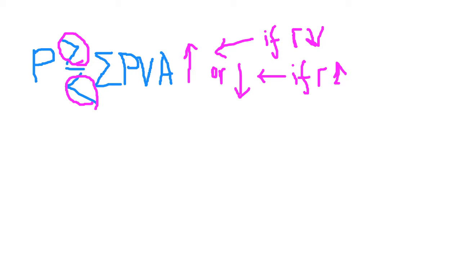But if you use your loan's interest rate as the discount rate, it will always be equal. They will always be equal, right? That's what the bank used at time zero, right?